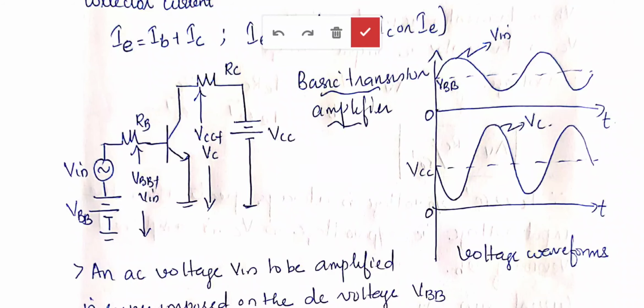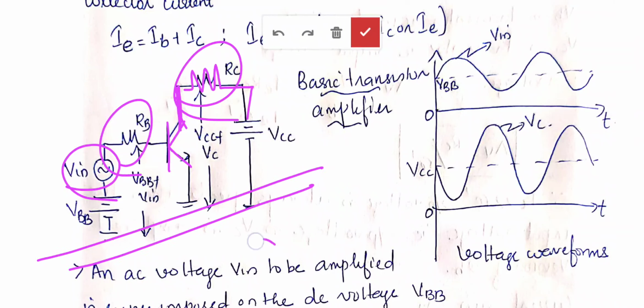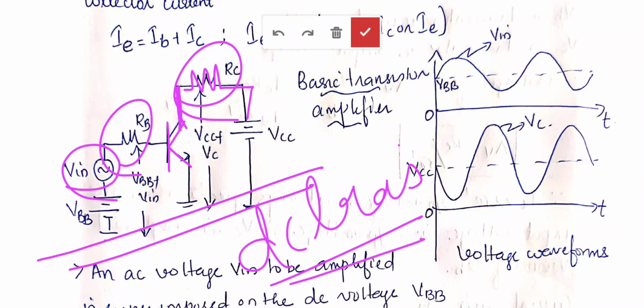Okay, so the input sine wave to be amplified is applied to the base of the transistor through the resistor RB. The amplified signal will be available at the collector, collected across the load resistance or collector resistance RC. For the functioning of the transistor, DC bias has to be applied, shown here through VCC and VBB.